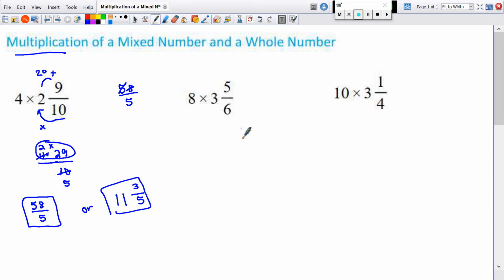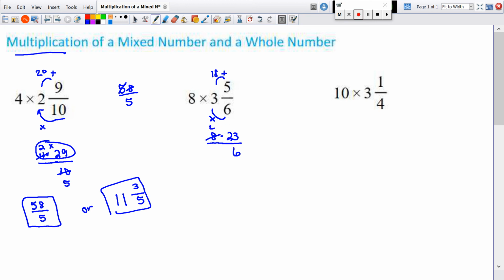Okay, so again, first thing, change the mixed number into an improper fraction. So keep the 6, go around, multiply. 6 times 3 is 18. 18 plus 5 is 23. This 8 is going to go up top. Okay, 8 and 6 can be cut in half.